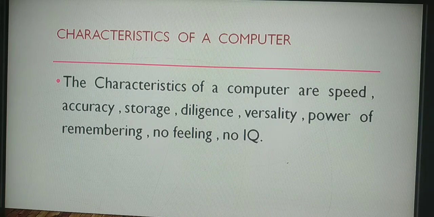The answer is, the characteristics of a computer are speed, accuracy, storage, diligence, versatility, power of remembering, no feeling, no IQ. So these are the characteristics of the computer, right near the question itself, using your pencil or your pen.